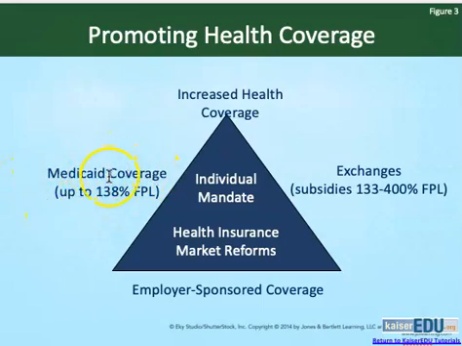We're going to talk more about this in slides later on, because not all states are actually expanding their Medicaid program, but it was one of the key parts of the law intended to expand coverage. States were expected to expand eligibility for the Medicaid program and also create exchanges or marketplaces where people can purchase coverage. And depending on their income, they get some subsidies from the government.